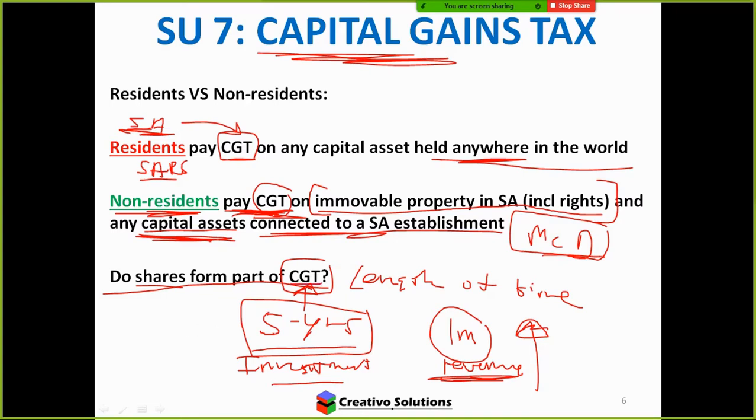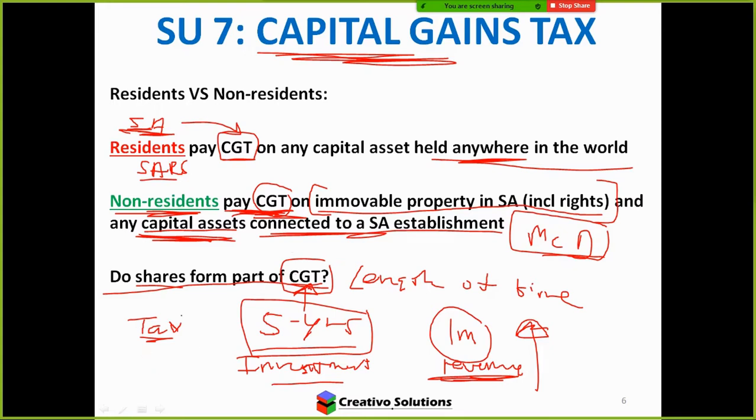Even though CGT was incorporated in 2001 as something additional in terms of tax, it's still better than revenue. So you'd much rather have something taxed as capital than taxed as revenue, because when you're getting taxed based on CGT, there is a certain amount that will be removed.